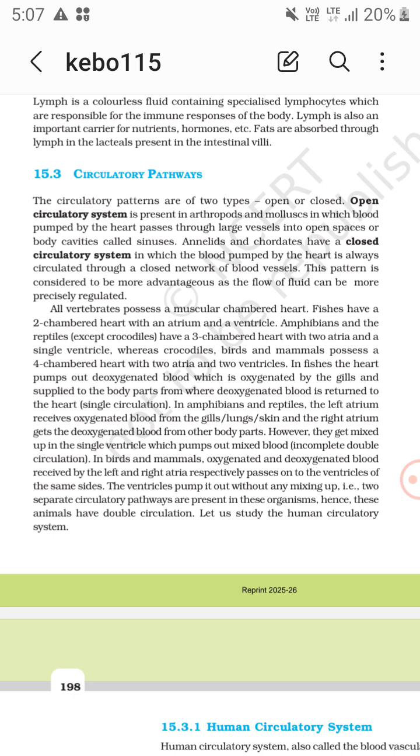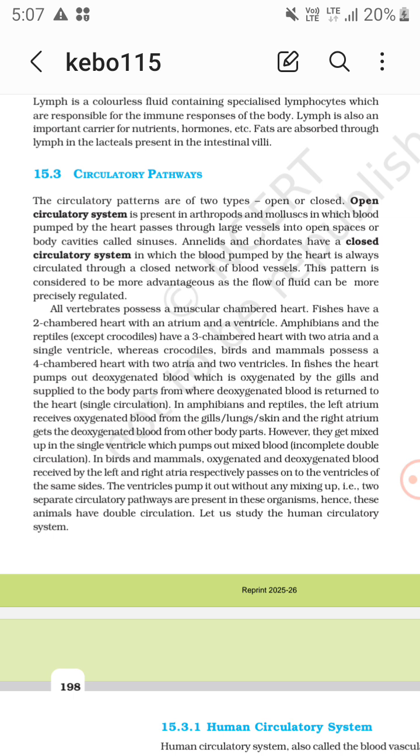In amphibians and reptiles, the left atrium receives oxygenated blood from the gills, lungs and skin, and the right atrium gets deoxygenated blood from the other body parts. You will understand this on the diagram. However, they get mixed up in the single ventricle, which pumps out mixed blood, that is incomplete double circulation.